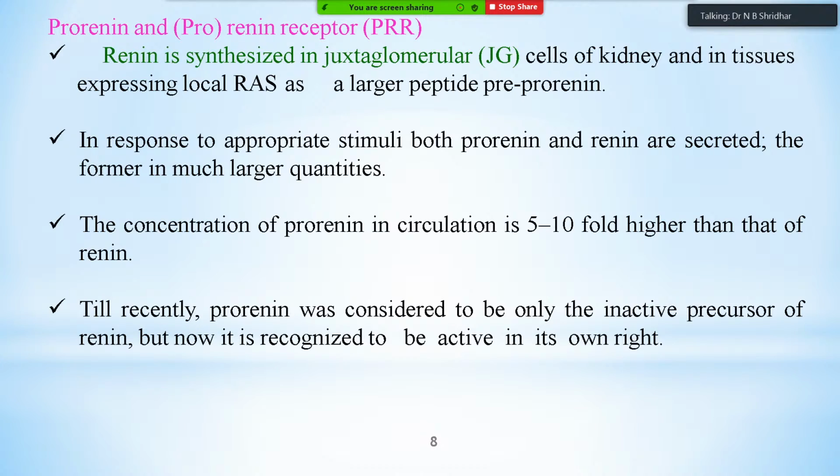So prorenin is very active in response to the appropriate stimuli. Both prorenin and renin are secreted. The former, prorenin, is present in much higher quantities. The concentration of prorenin in circulation is 5 to 10 fold higher than that of renin.